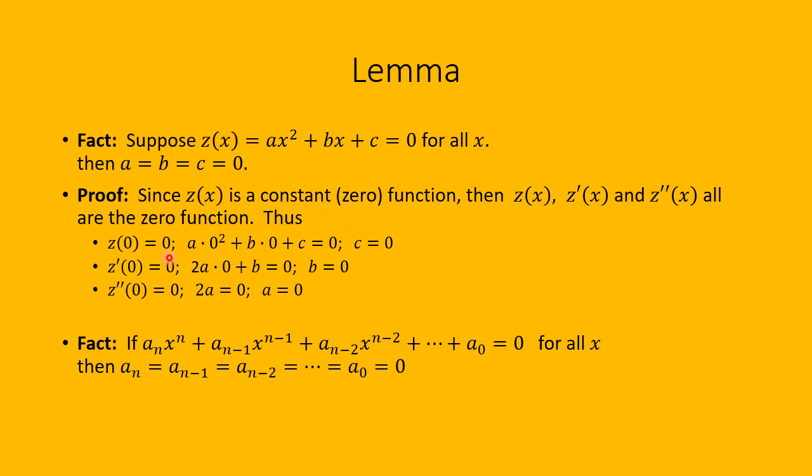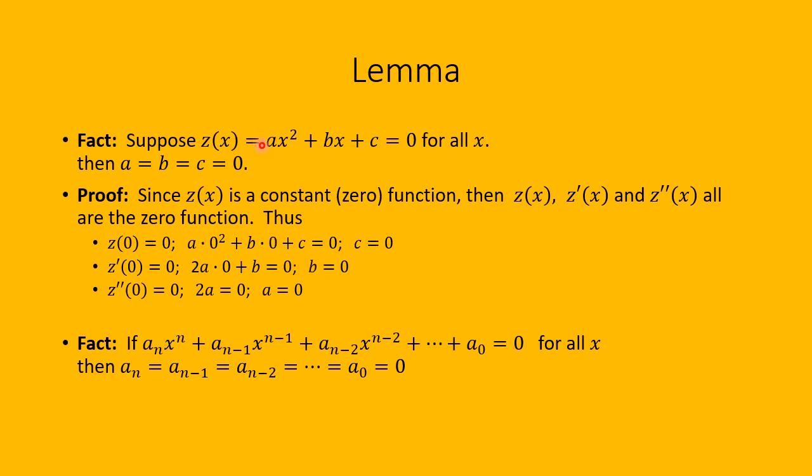If we look at z prime of x, what is z prime of x? Looking up here for a second, it's going to be 2ax plus b. So z prime of 0 is going to be 2a times 0 plus b. Well, z prime of 0 is 0, so 2 times a times 0 plus b is 0. That tells us that b is 0.